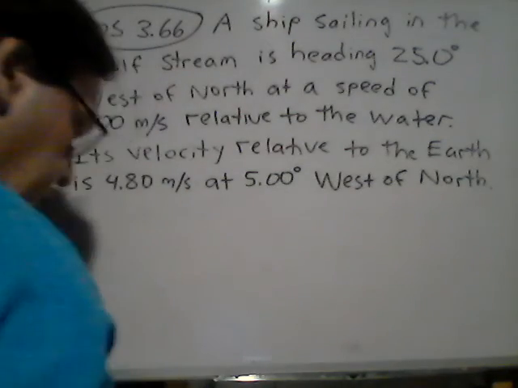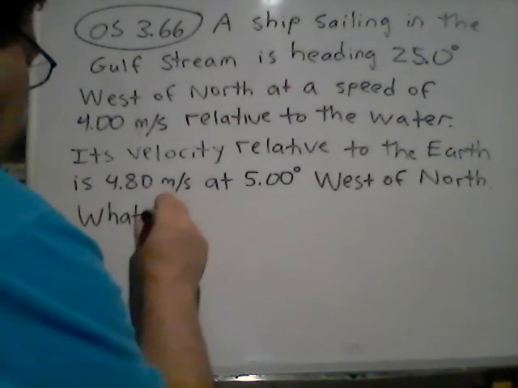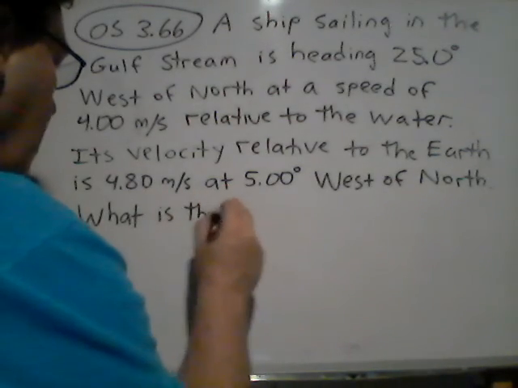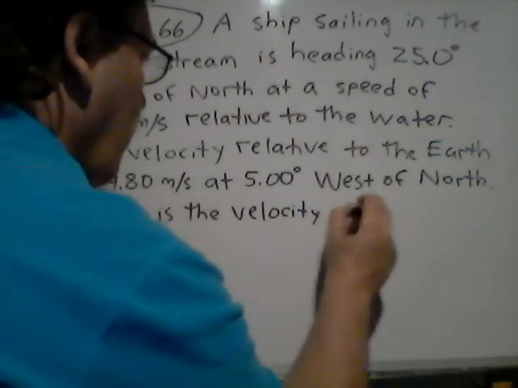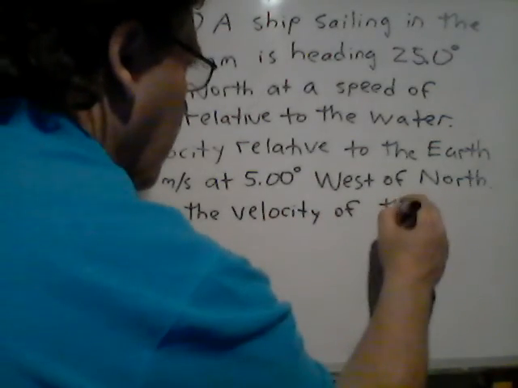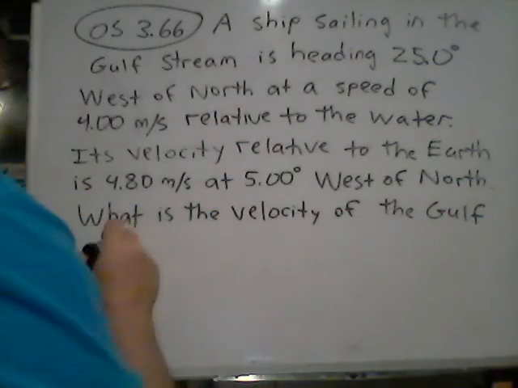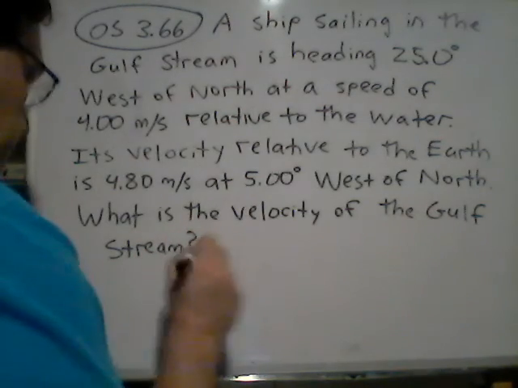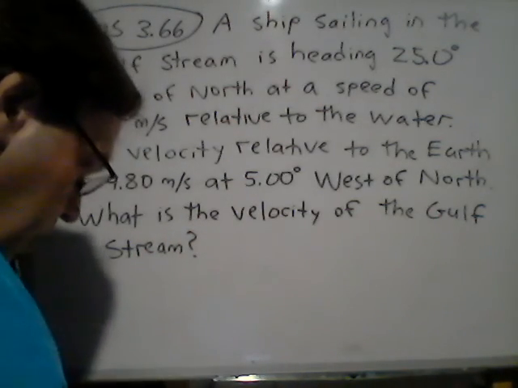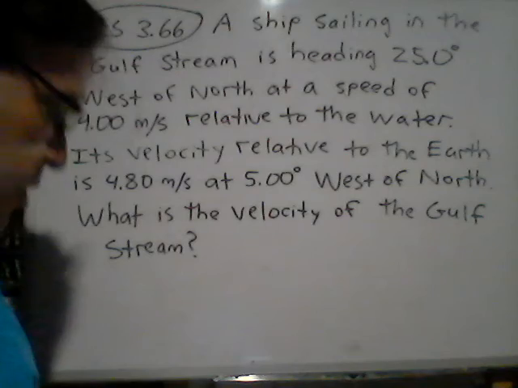What is the velocity of the Gulf Stream? Then it goes on to say, in parentheses, the velocity obtained is typical for the Gulf Stream a few hundred kilometers off the east coast of the United States.